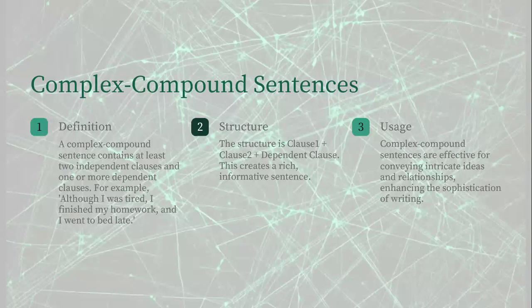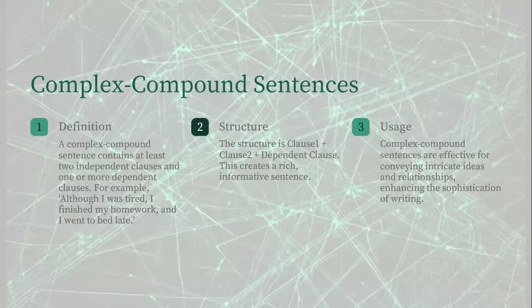For example, if you are composing a longer piece of narrative writing and you want to introduce your setting, you can use simple sentence structure. If you want to add details for your setting, you can come up with the structure of compound sentences. If you want to elaborate further and mention the impact of the setting on the character, you can use complex compound sentences.